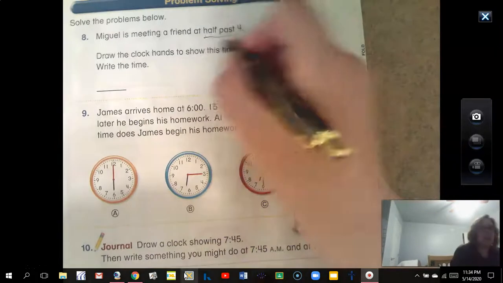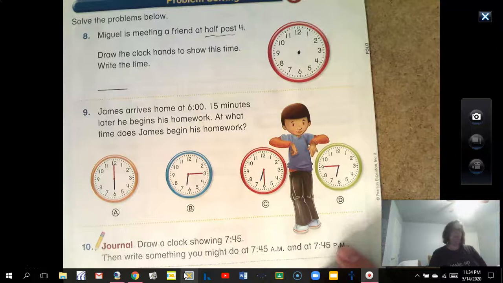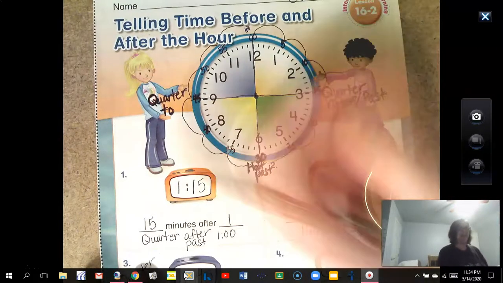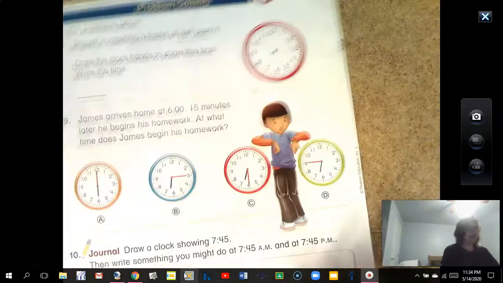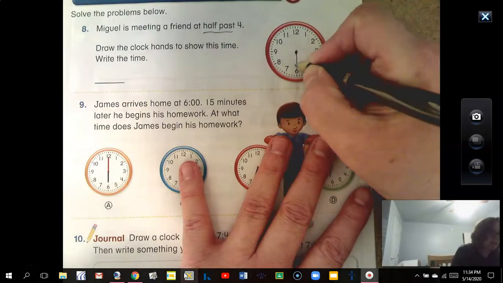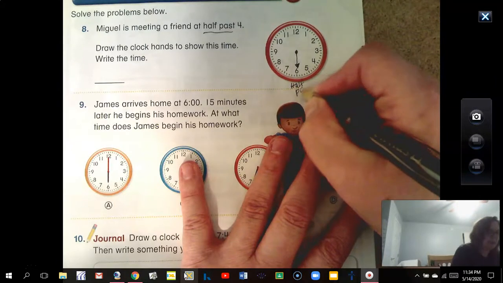Okay, we just got done talking about half past. All right. So I can flip over. Where's half past? If you copied this, you would know it's right halfway around. So I want to draw my minute hand right here. This is half past.